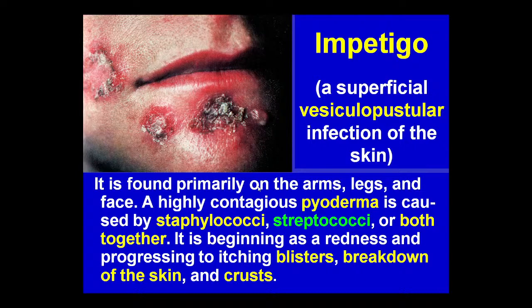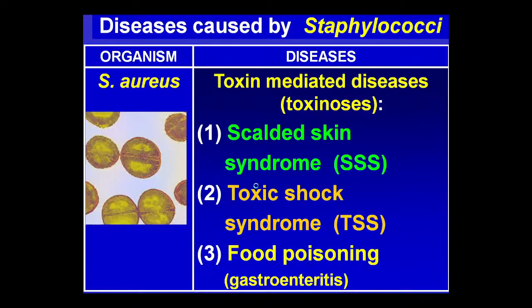In the beginning, just redness of the skin, but it progresses rapidly to itching blisters. We can see the breakthrough and crusts on this. So these were the soft tissue infections.